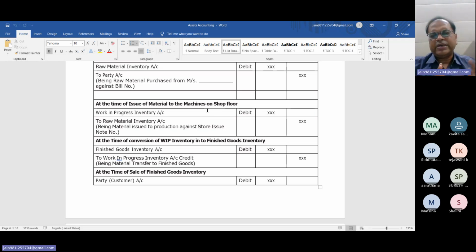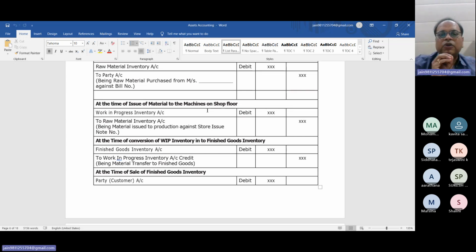We have already discussed the same example in the class. So whenever the mess requires the material, the mess sends the requisition slip to the storekeeper and the storekeeper issues the material. Now, what type of entry can be passed by the accountant?